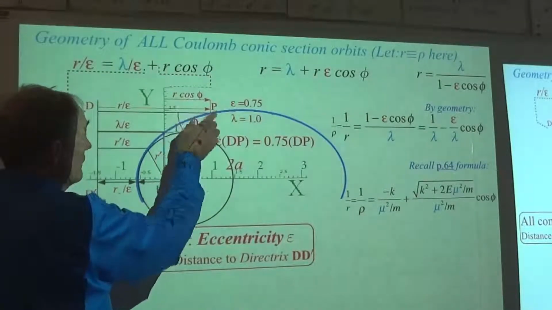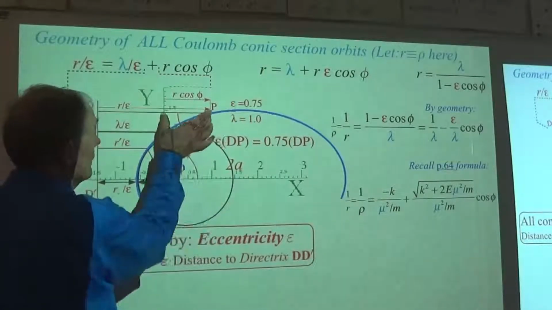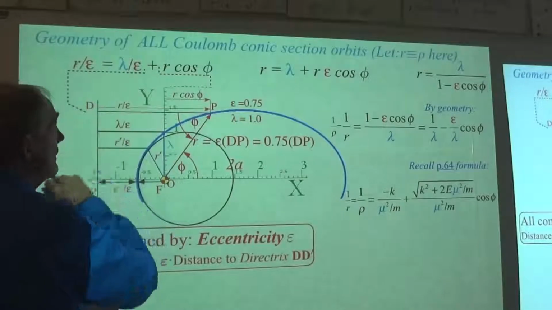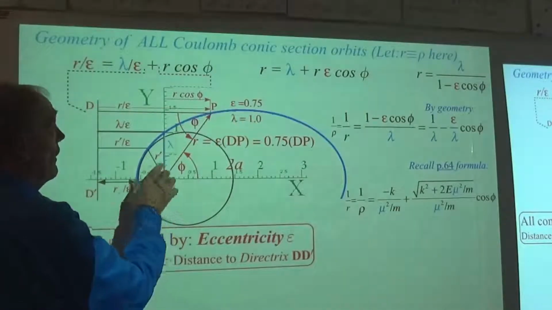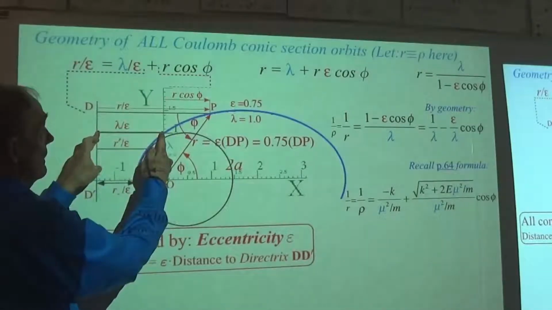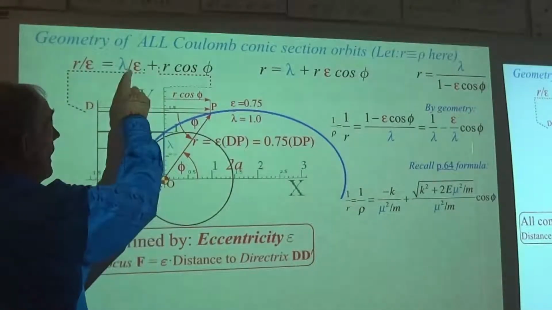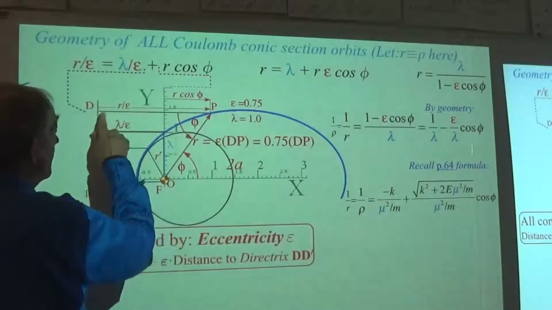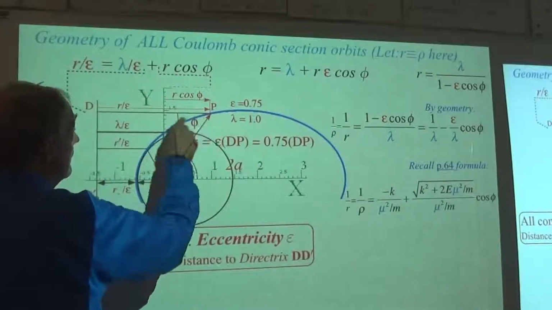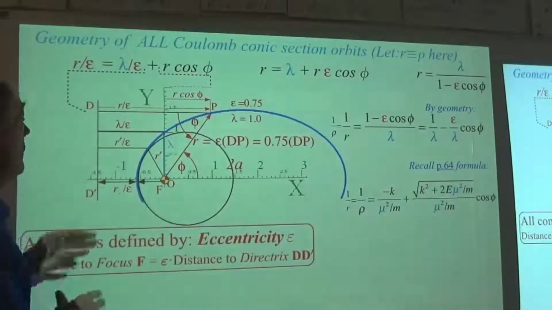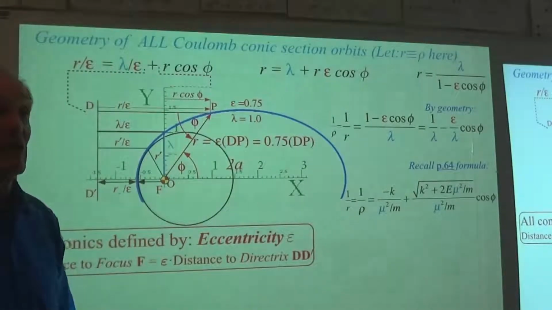The cosine of that, which is r cosine, that thing right there, plus the distance to the latus radius, that's lambda over epsilon, right here, that plus that has got to be r over epsilon. That's this whole distance right here. That's 1 over epsilon times this distance. So that's where you get the conic section equation.